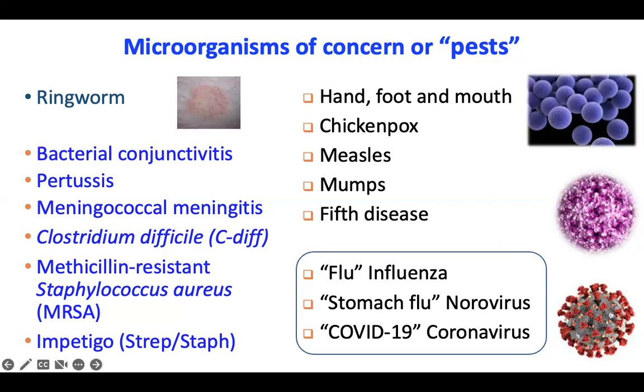Also there's MRSA, methicillin-resistant bacteria. MRSA is responsible for several difficult-to-treat infections in humans. It can cause more than 100,000 deaths worldwide because it is resistant to antimicrobials.